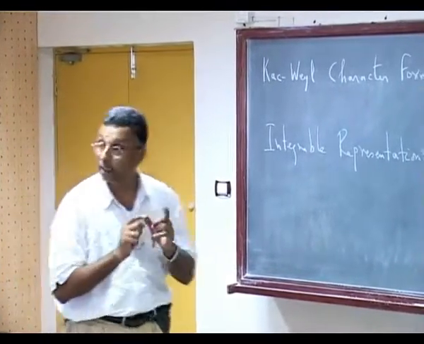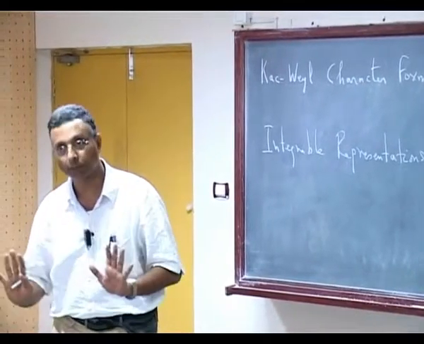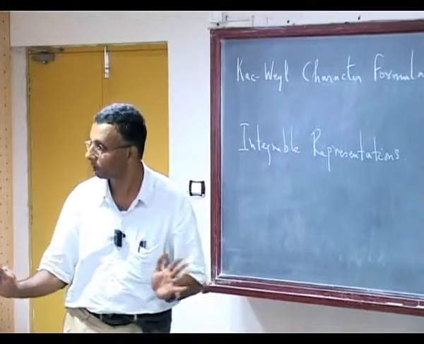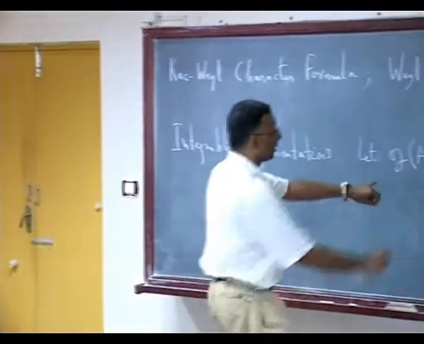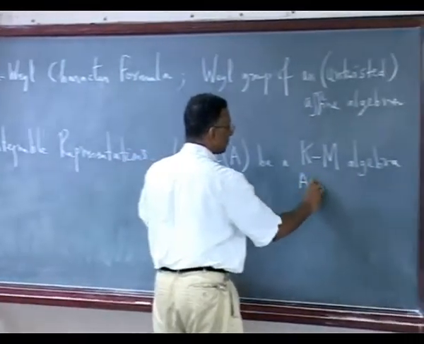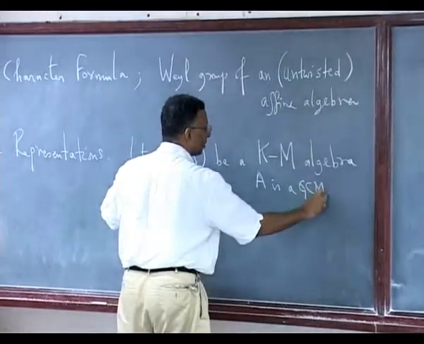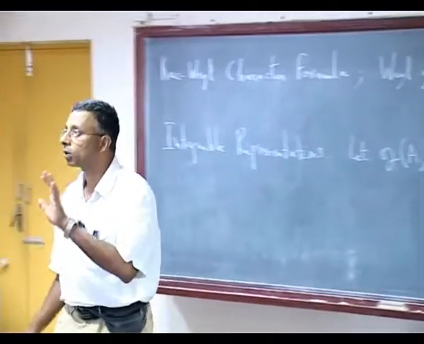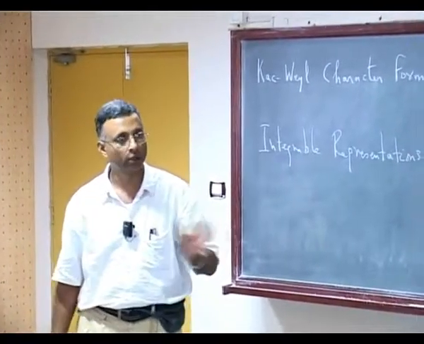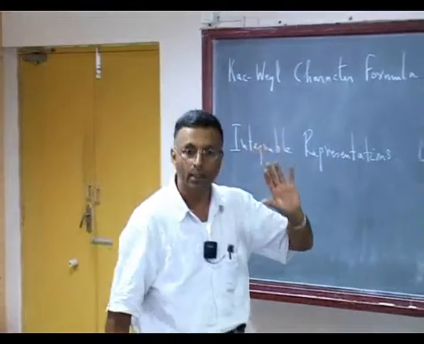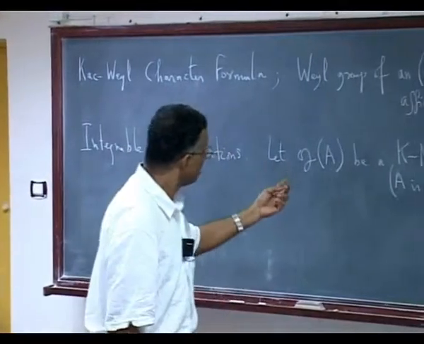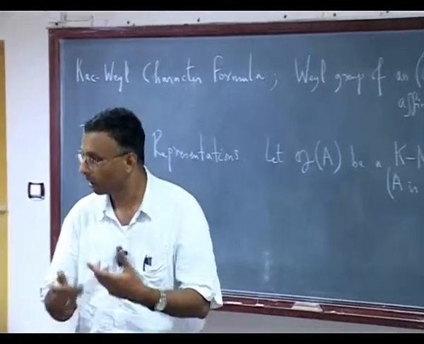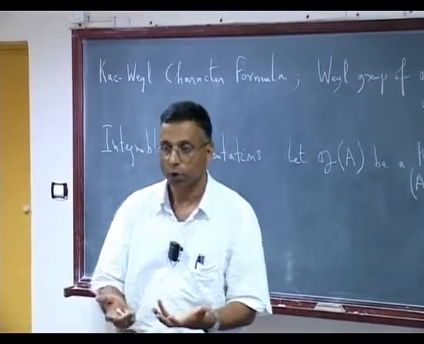The algebra could be symmetrizable without being Kac-Moody. So this means that A is a GCM. Yesterday when we talked about the normalized invariant form, the GCM property didn't really come into the picture. It was the symmetrizability of the matrix which was important.